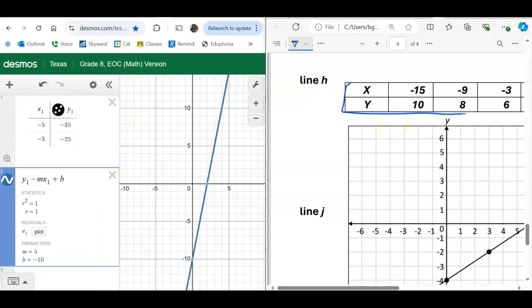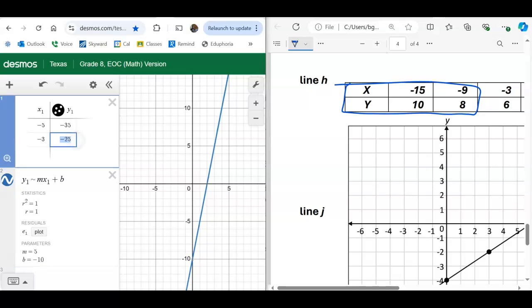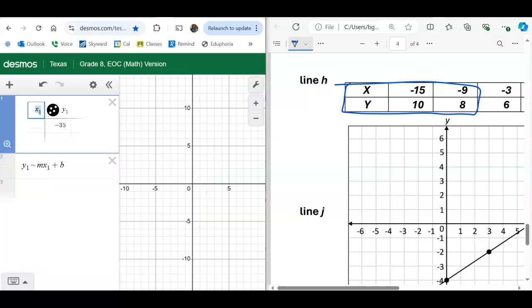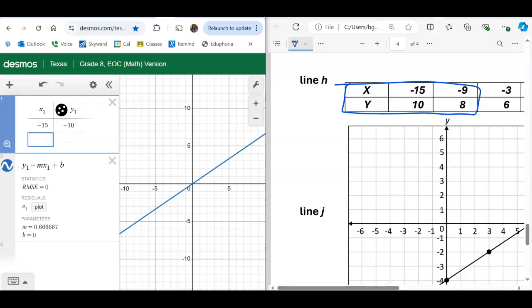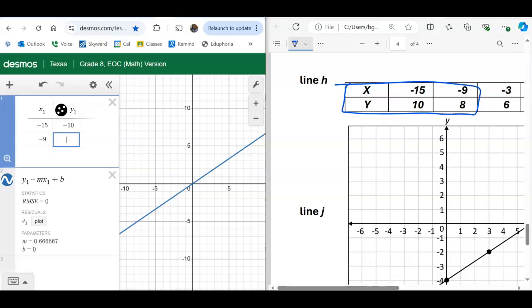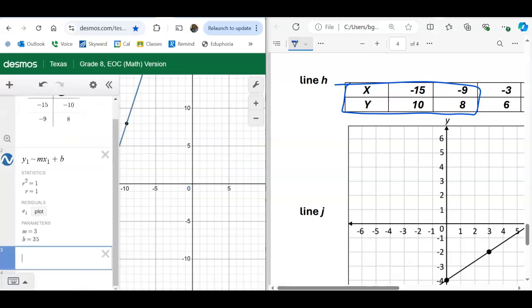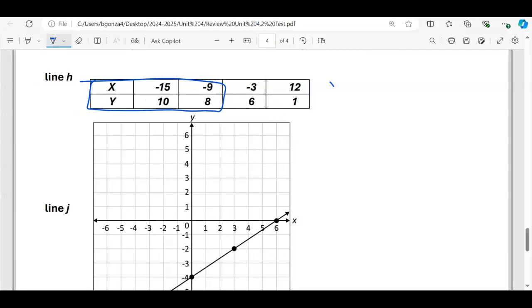So again, if I can just take 2 points, negative 15, negative 10, negative 9, 8. Now I get m is 3, b is 35, so 3x plus 35.